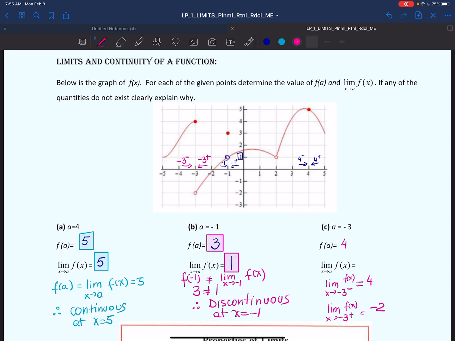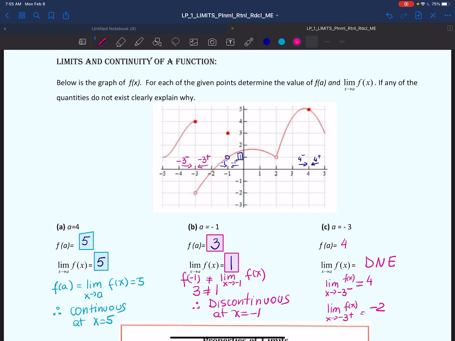Now remember that when the limit of a function at a point has the left and the right end not agreeing to each other, because one is 4, one is negative 2, we say that the limit does not exist.